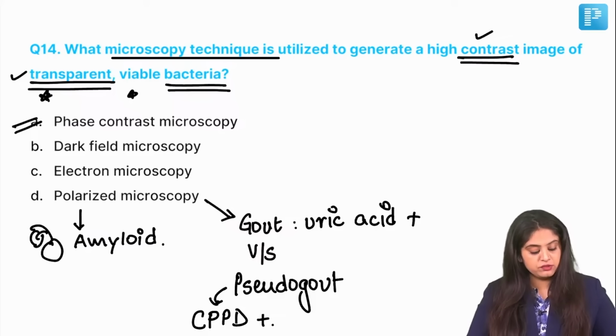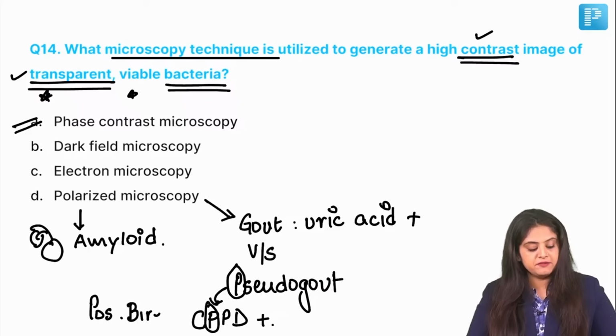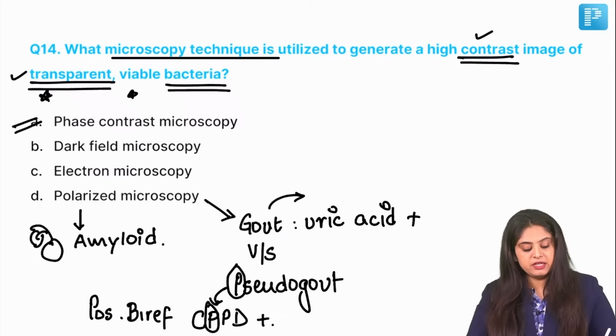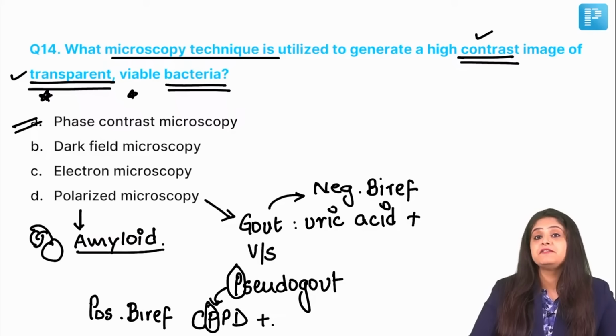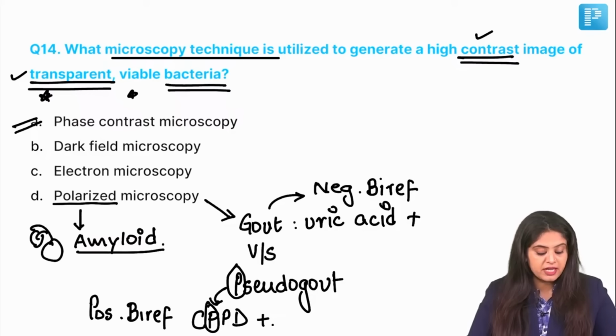So now very good. Pseudo gout, in which you see CPPD crystals, over here they are positively birefringent, whereas gout, the uric acid one, they are going to be negatively birefringent. Whenever you are checking for refringence, like in amyloid also apple green birefringence, for refringence we had the polarizing microscope. So this is also settled.